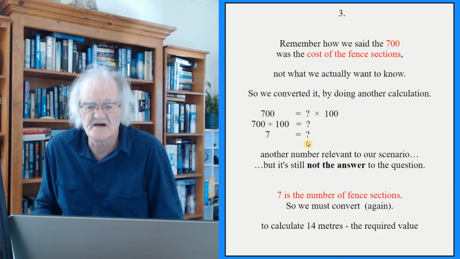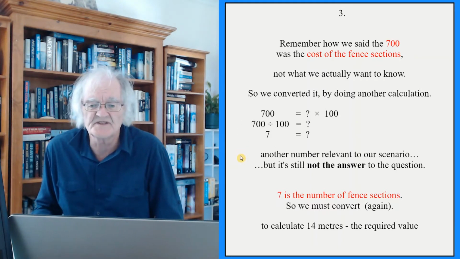And what is the relevance of that 7? That's how many $100 sections we could get for the $700 directed towards the cost of the length of the fence. So it's another number that's relevant to our scenario, but it's still not the answer to the question, how long a fence can I get for $950?